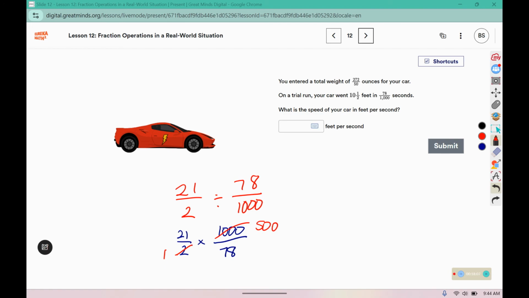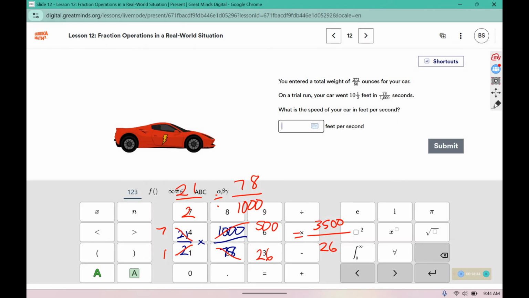Three fits into 21 and 78. It takes 7 3s to make 21. And it would take 26 3s to make 78, I believe. Now we're going to simplify that, or multiply it out in its simplified form. 7 times 5 is 35, so 7 times 500 would be 3,500, and 1 times 26 is 26.